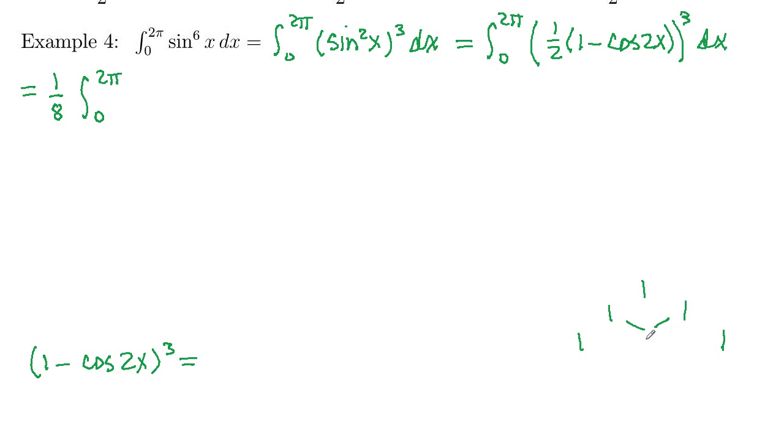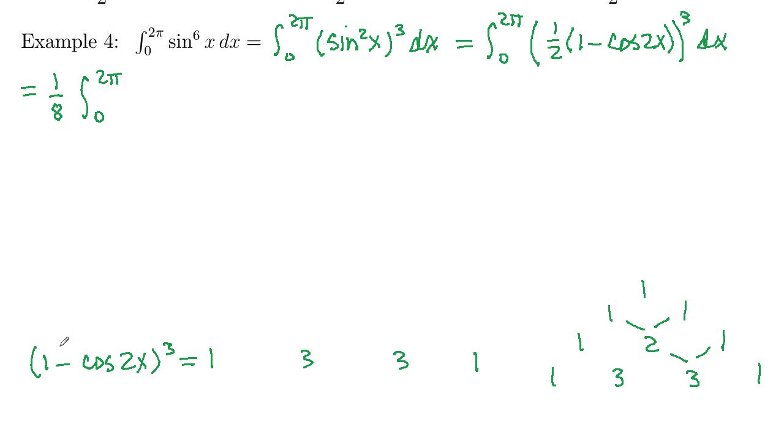So 1 and 1 is 2, 1's on the side here, and then 1 and 2 is 3, and 2 and 1 is 3. So this is a plus b to the 0, first, second, and third. These are the coefficients for cubing. So our coefficients are going to be 1, 3, 3, and 1.